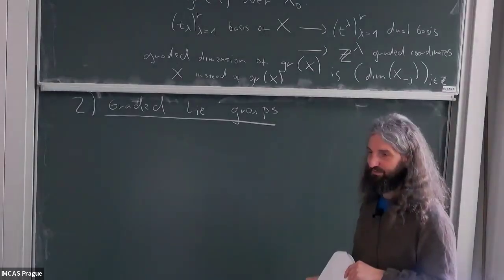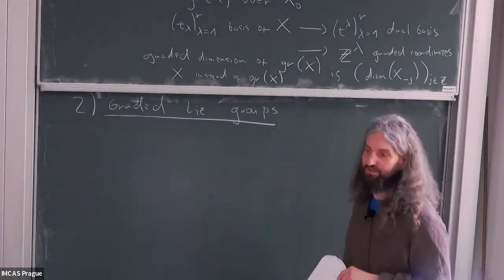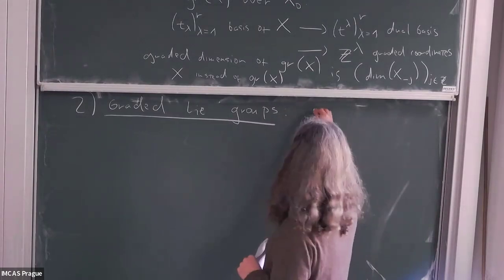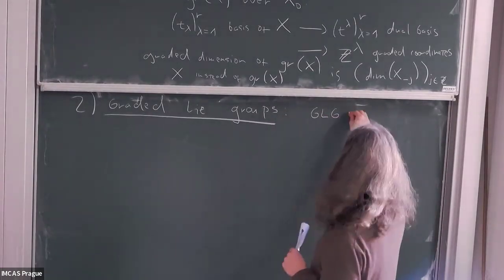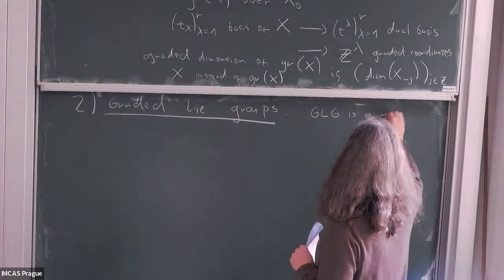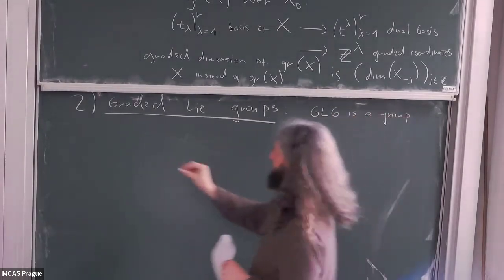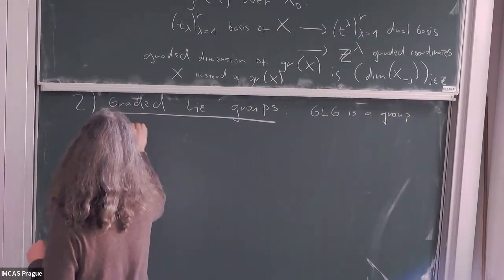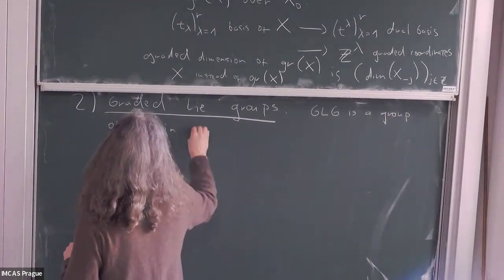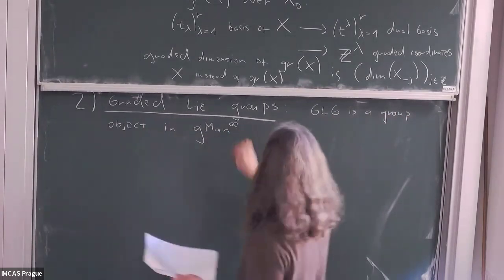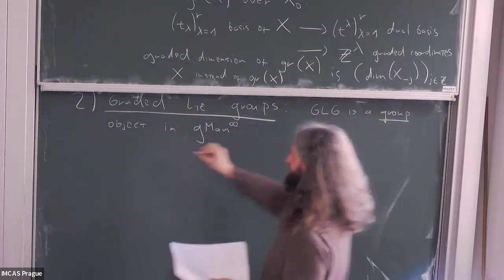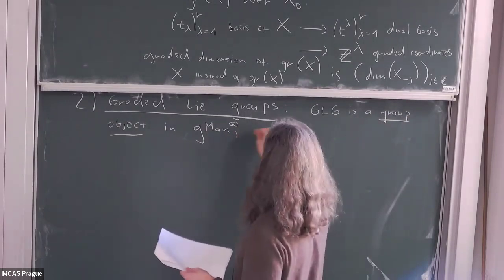Therefore, we can talk about a group object in our category. So a graded Lie group, GLG for short, is a group object in the category of graded manifolds. So this is just a short definition.